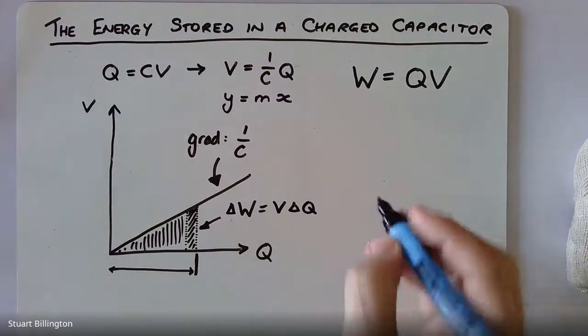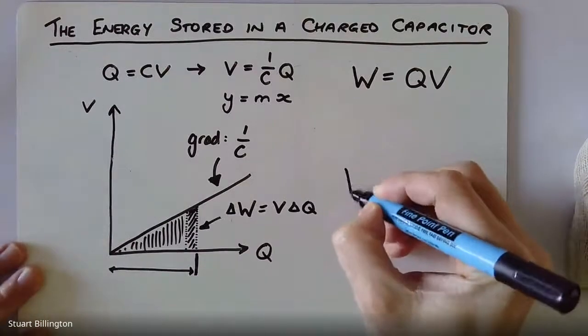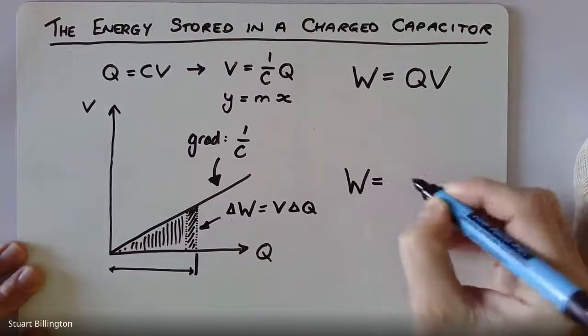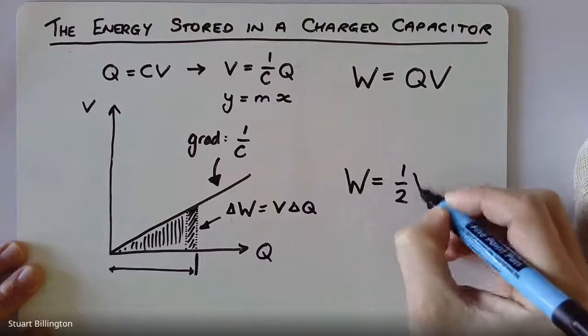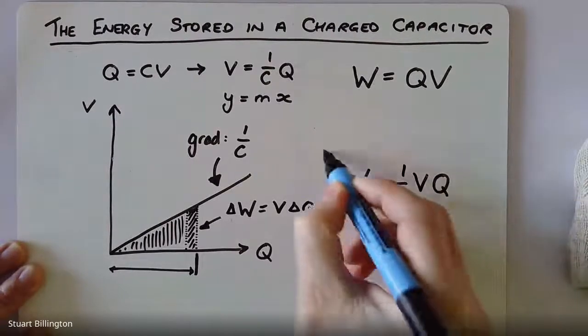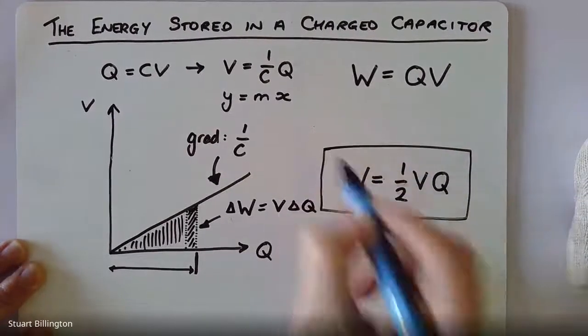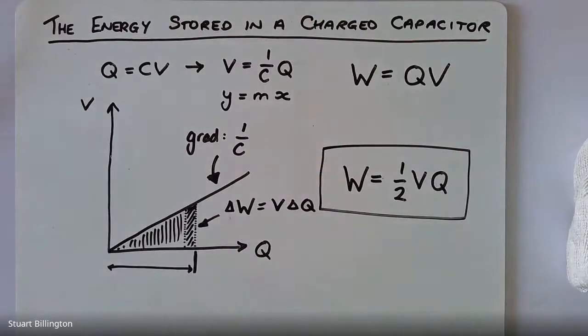And the area of that triangle is therefore W is equal to the half base times height. And that's our formula for the energy stored in a capacitor.